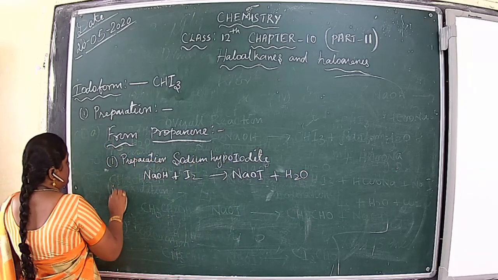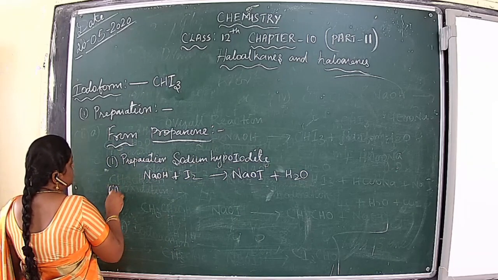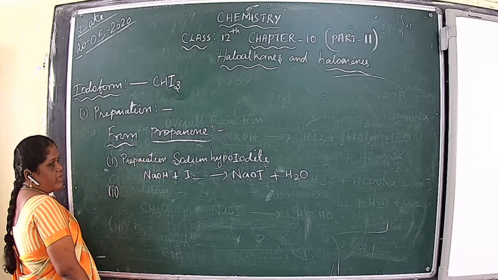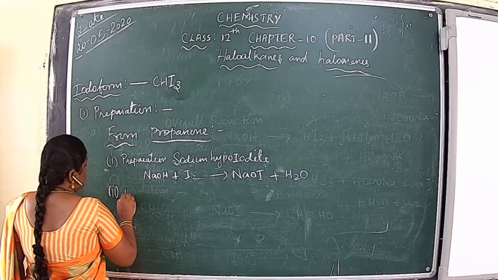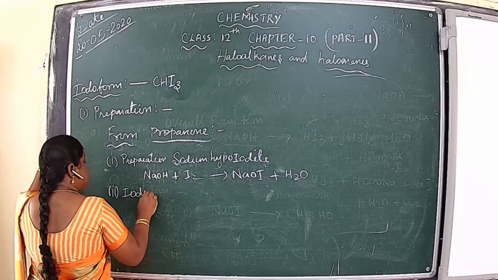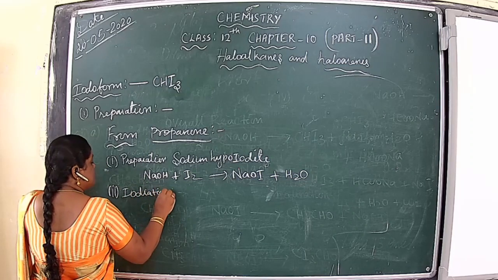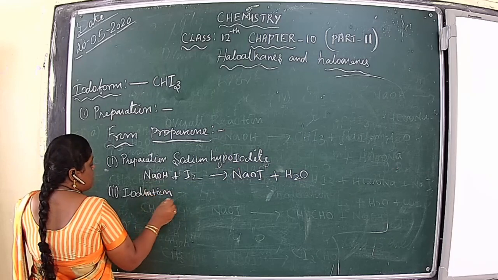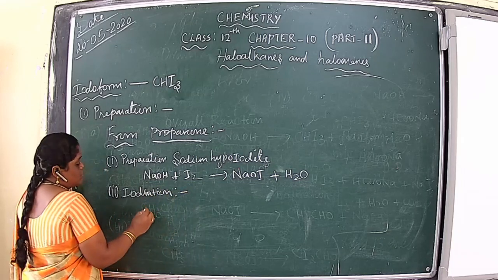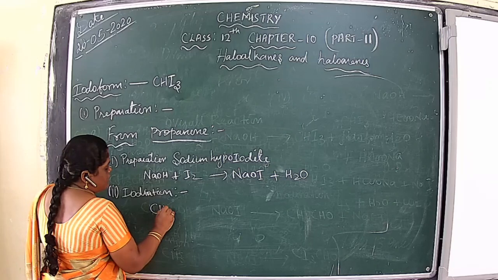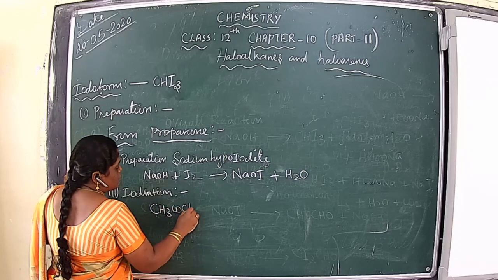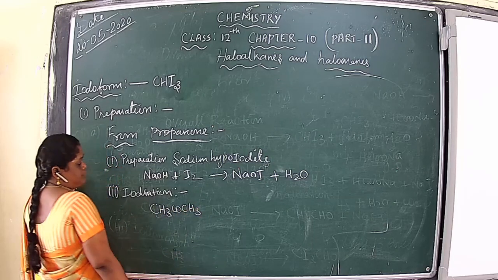Then we can take propanone directly, with no need to oxidize, because we are directly getting propanone. So the second step is iodination.